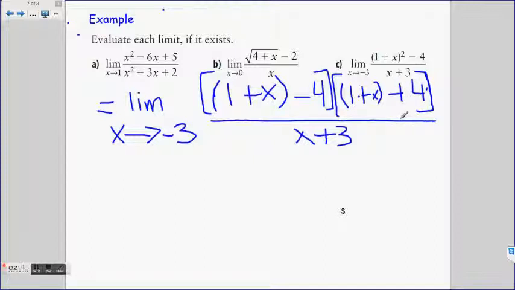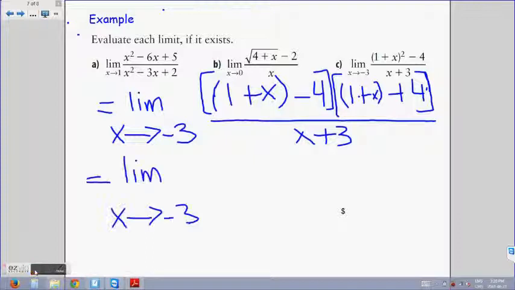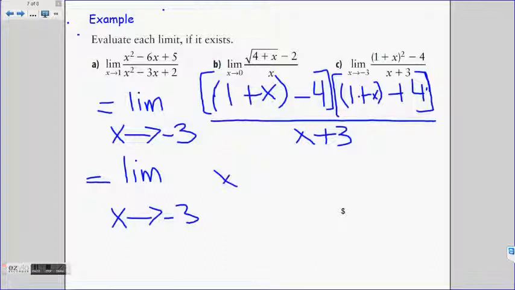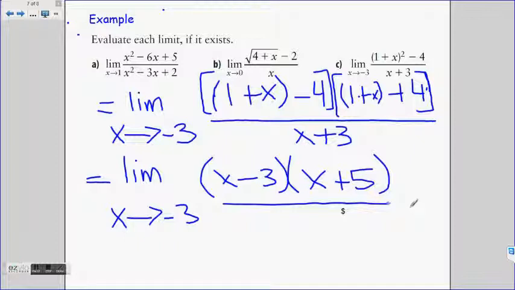Remember, difference of squares. Now I'm going to simplify a little bit further. In the numerator what we're left with is x minus 3 for the first bracket, and then we have x plus 5 for the second bracket.